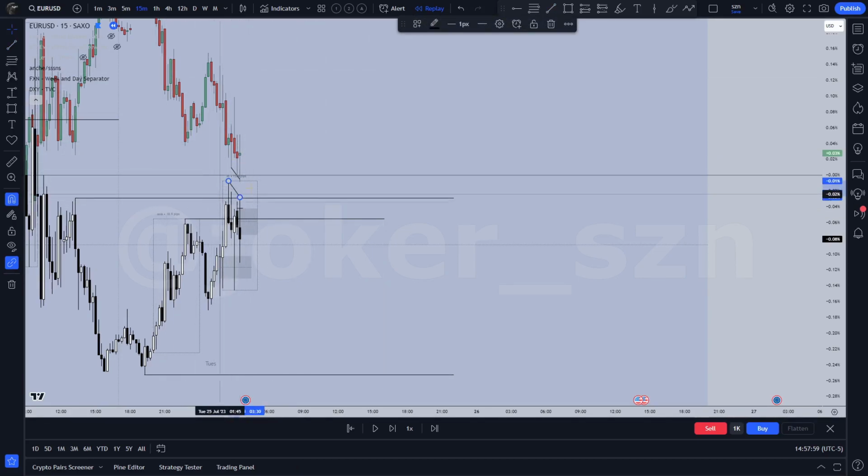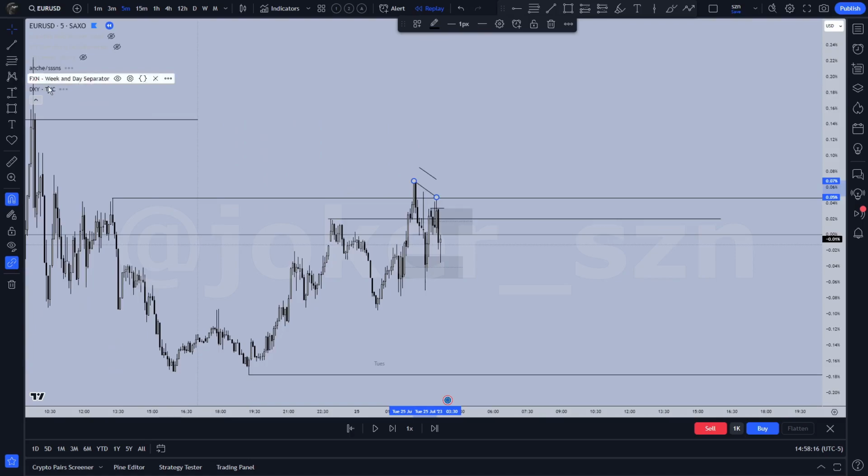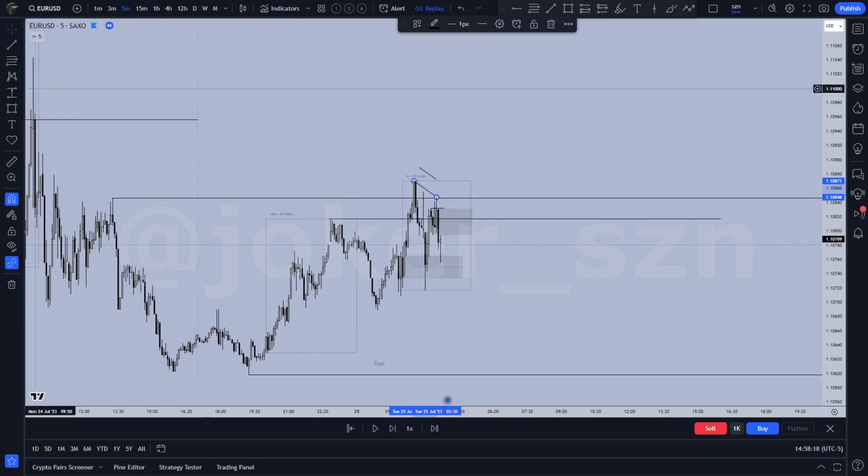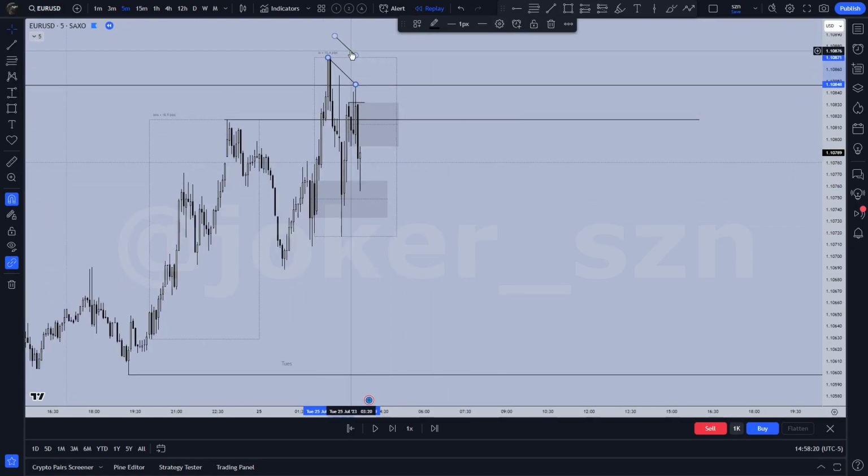So we have an SMT divergence here at our key level on the H1, after taking out the buy side and the EQ, the mean threshold of the H1 order block, right? And we also have an M5 change in order flow here. So we have a setup here, and we can now take a short trade.